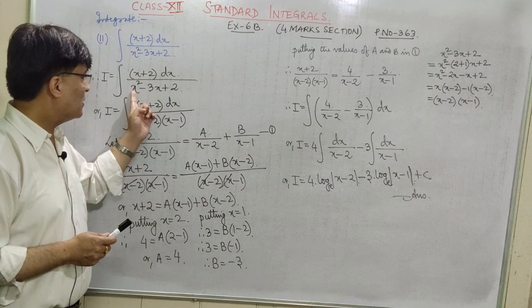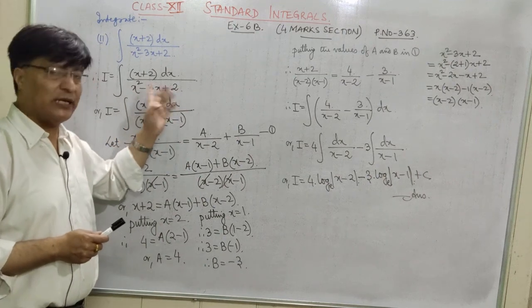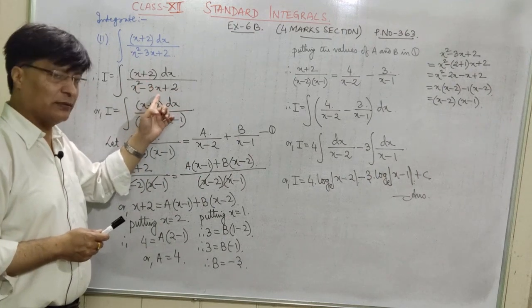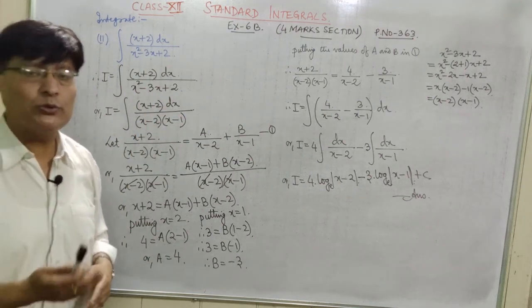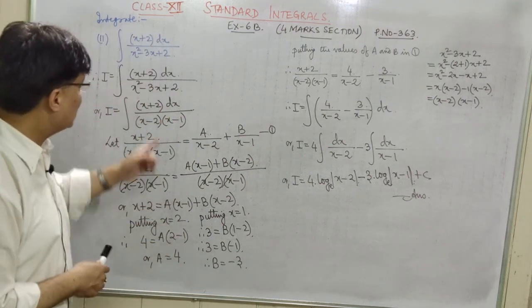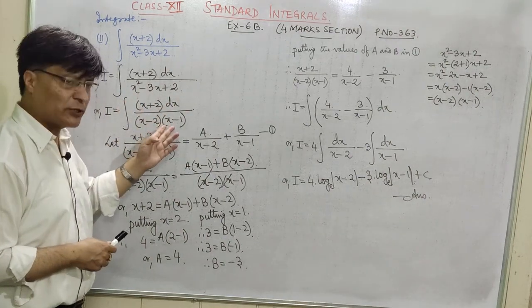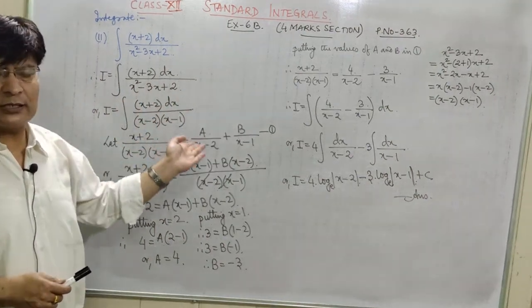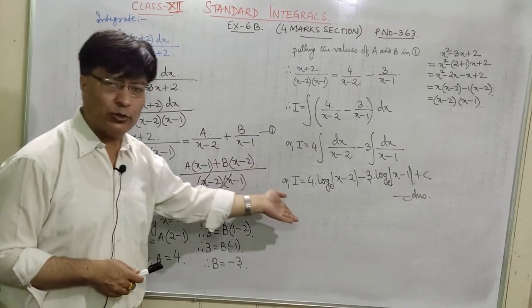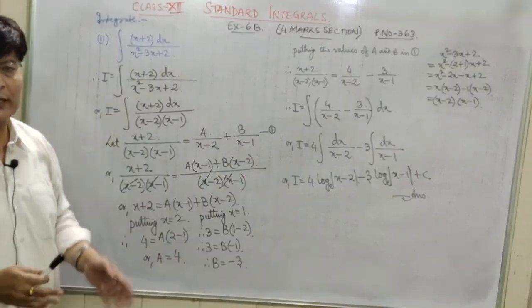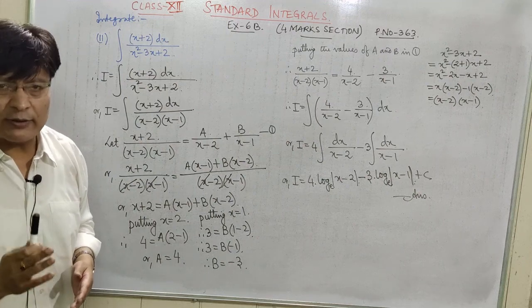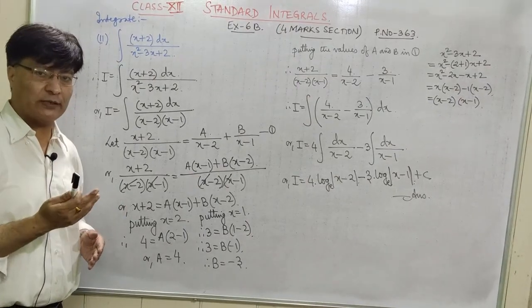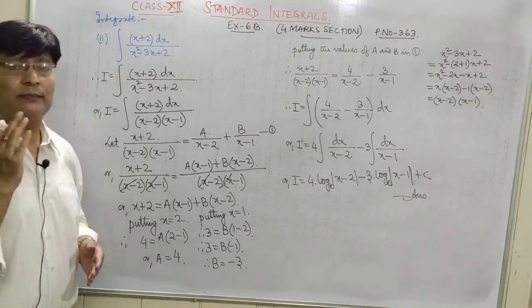If the denominator in this fraction cannot be factorized, then you have to use different methods. But in this case, you can factorize the expression, so this fraction is converted into partial fractions, and then you can easily do it. But if the denominator cannot be factorized, then you have to use different methods. Now I'll show that method.